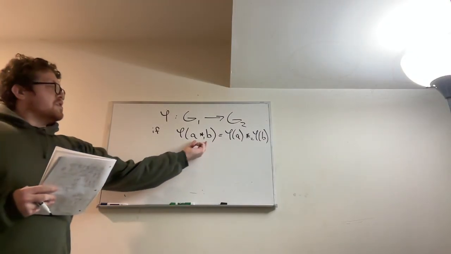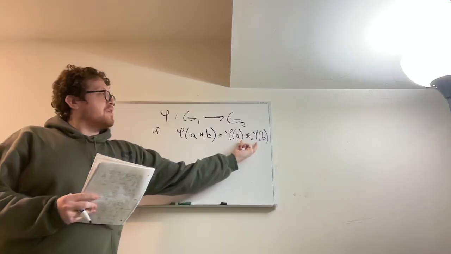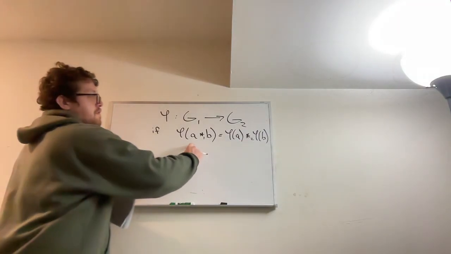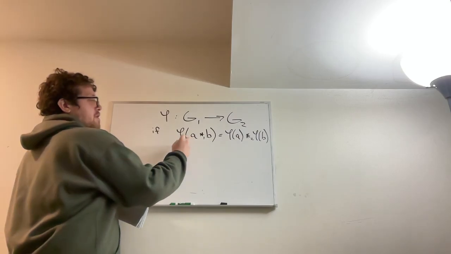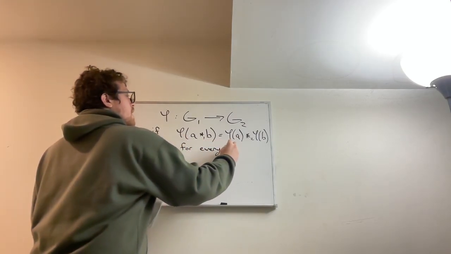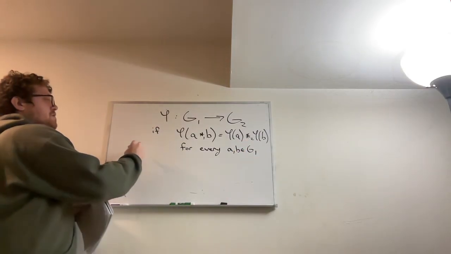So this is the product in G1, and this is the product in G2 after I've mapped them to G2. And if this is true, if these are equal for every A and B in G1, then it's a group homomorphism.